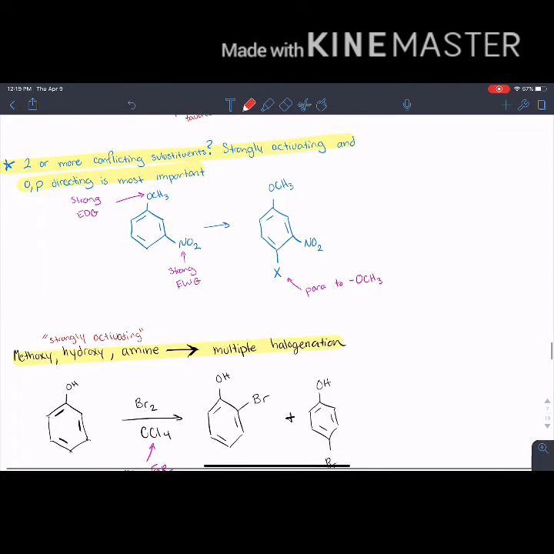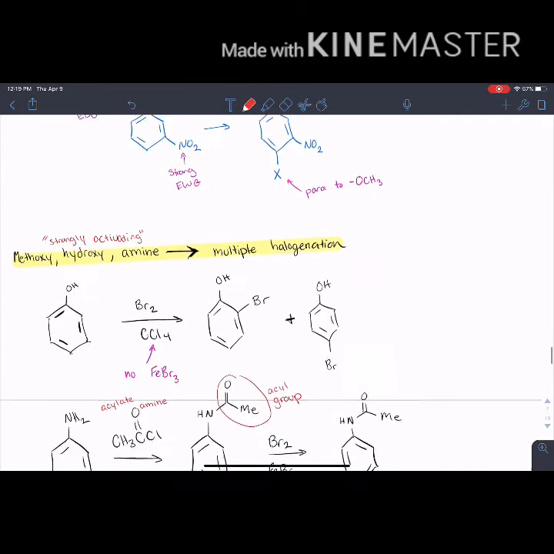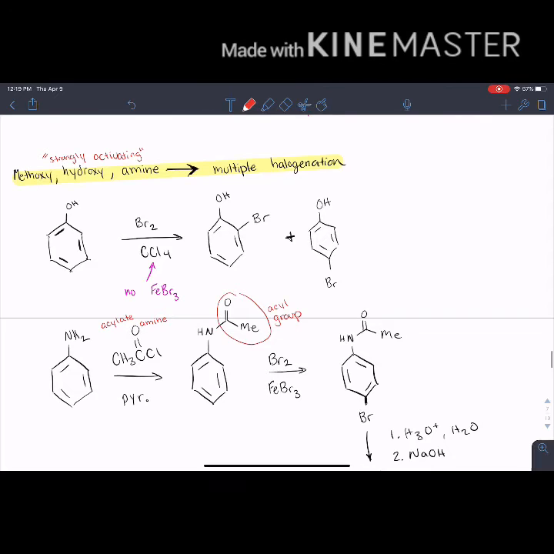So that's where you've got to keep track of your substituents. You know how to add these substituents now, but now you have to keep track of how they interact with each other and how they impact the addition of new substituents. So there are some groups that are so strongly activating that it results in multiple halogenation. So we want to prevent that because sometimes you don't want the whole benzene to be covered in ortho and para bromines.